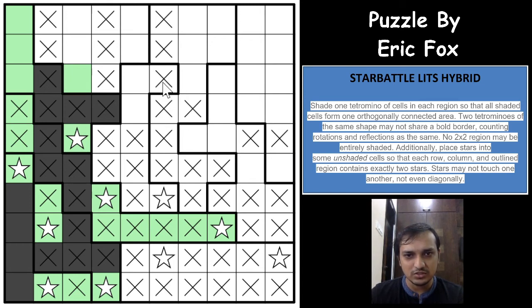This cannot be a star, this cannot be a star because of the column here, and this cannot be a star because of the row here. This also cannot be a star, and which means that now this row has only 2 places for the stars. One is this place and one of these 2 places, right? Superb. So one of these two places is a star, again nothing much.